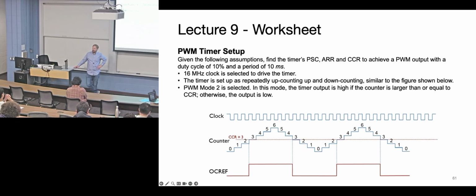That gives us 100 divisions, and that leads to a prescaler of 1599. Why is it 1599? That doesn't sound like a multiple of 16 megahertz. Because you add 1.